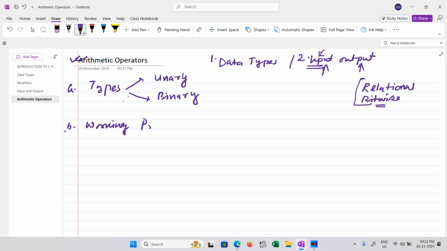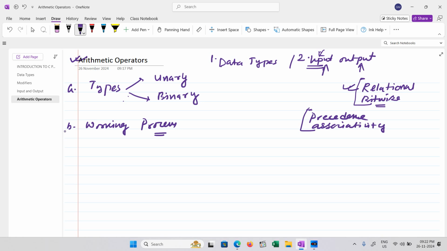Because in arithmetic operators and also in other operators, we have two other concepts: operator precedence and associativity. But I am not going to include this topic in this lecture, right?